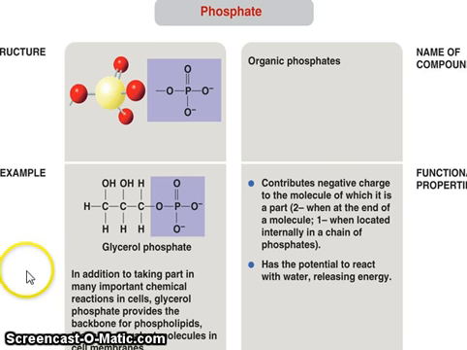In addition to all of that, glycerol phosphate is a great example of this. It's got the phosphate group at the end. Functional properties. It's the most important part. Why do they exist? Because they have functional properties.